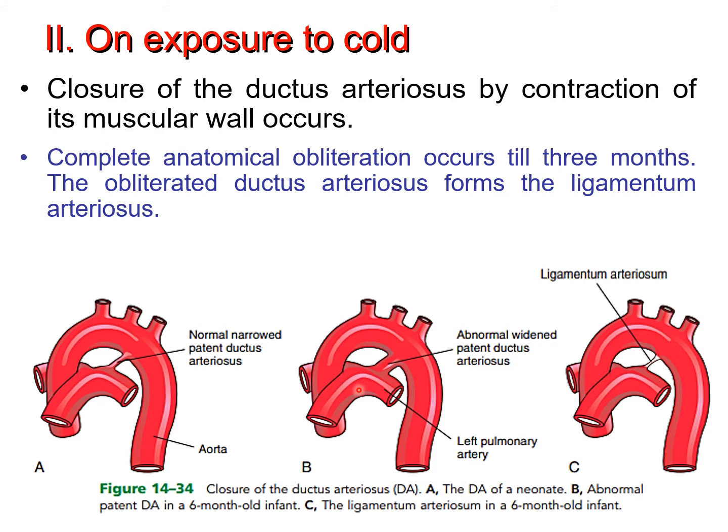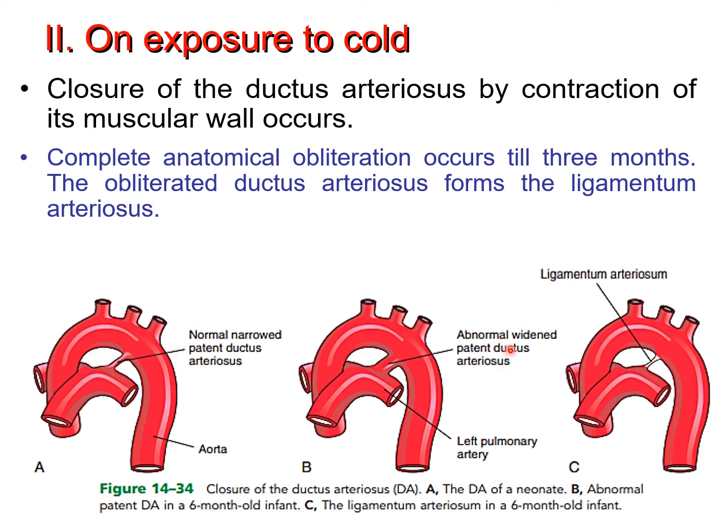Another change which takes place just after birth is that the ductus arteriosus also closes by the contraction of its muscular wall, and because of that contraction this pathway is closed, so there is no blood passing between the aorta and pulmonary trunk.